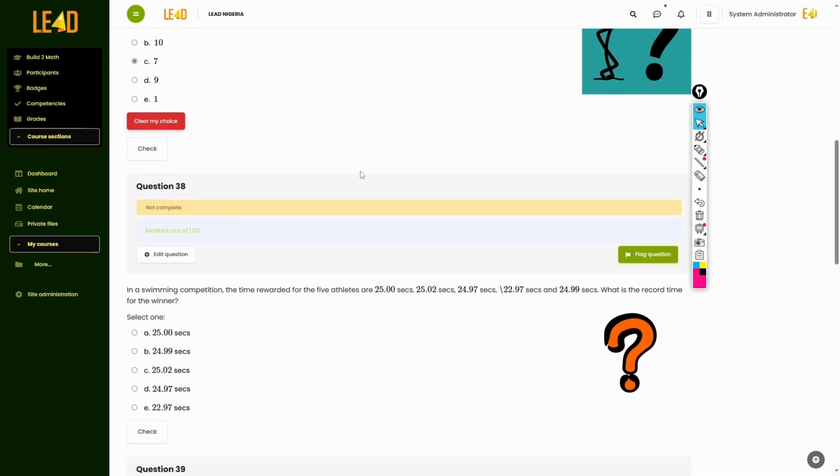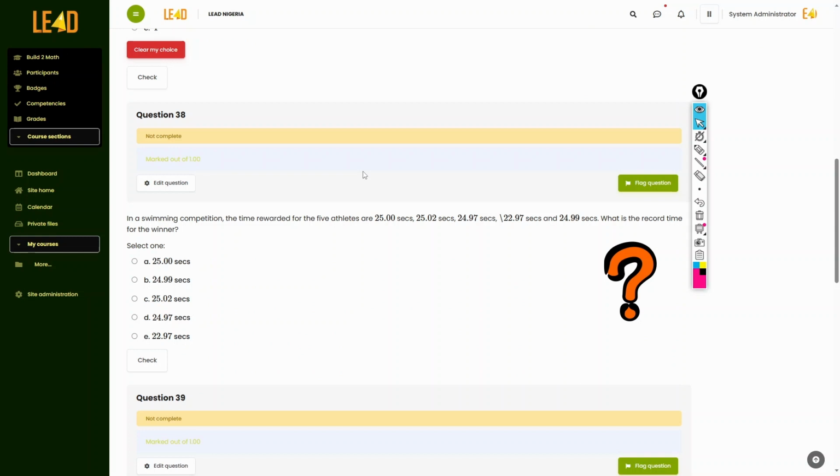Okay, 38. In a swimming competition, the times recorded for 5 athletes are 25, 25.02, 24.97, 22.97, and 24.99. What is the record time for the winner? Okay, so the record time is the fastest time. The fastest time would be the smallest time.